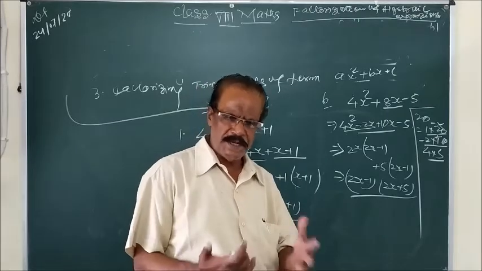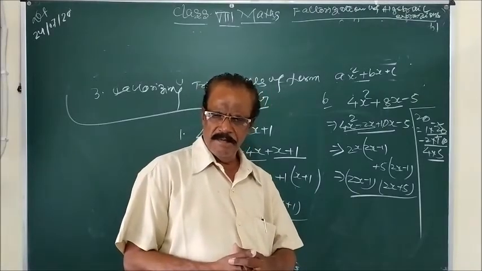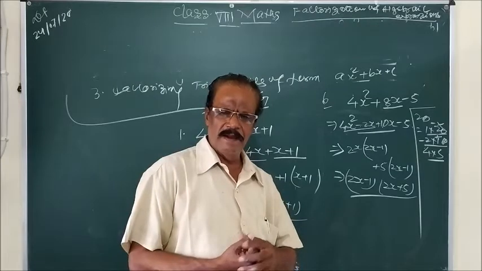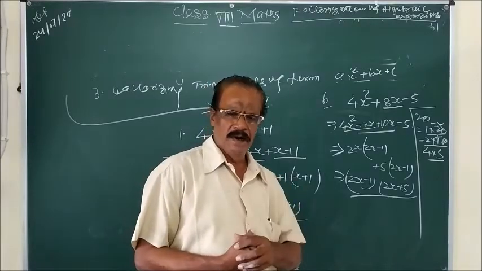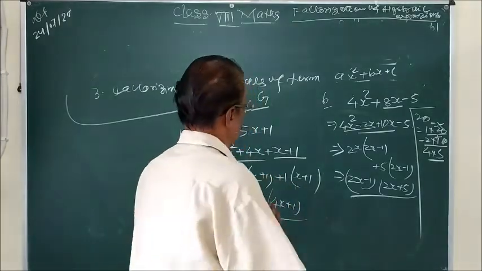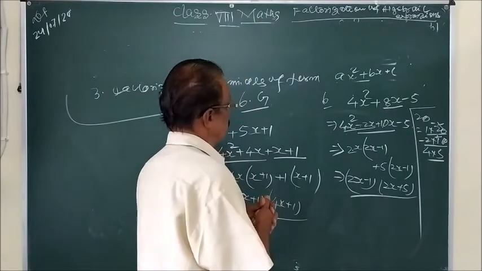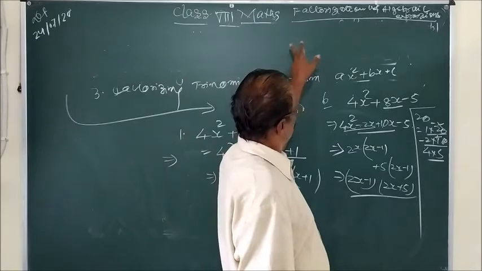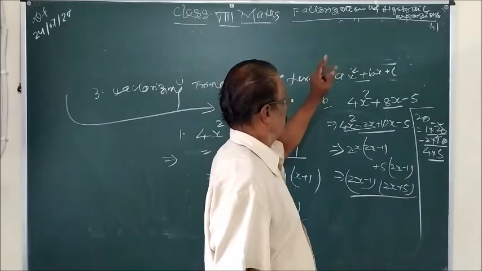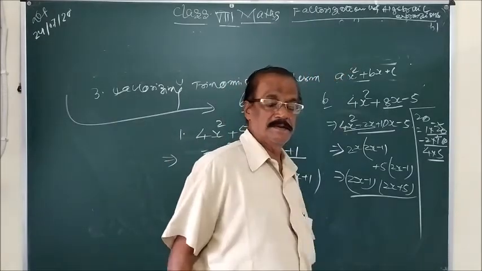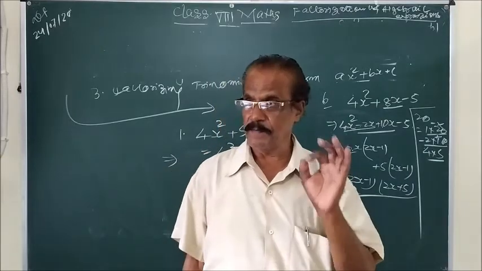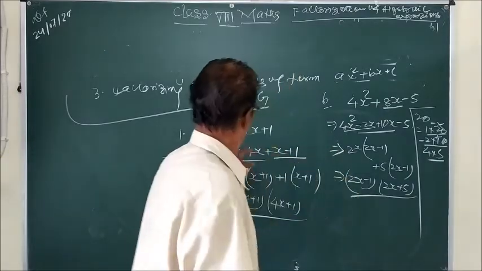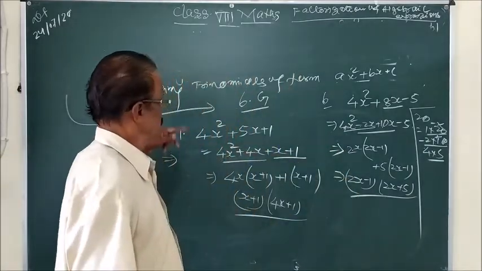Maybe there will be some changes in the question, and you will try to use your intelligence, and then you can solve. Second, if the trinomial is in the form x square plus bx plus c, I have already explained.